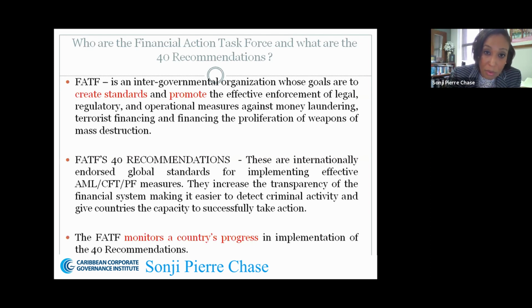I have a brief description there, it being the intergovernmental agency that sets global standards for enforcement of legislation relating to money laundering, terrorist financing, and of course the financing of the proliferation of weapons of mass destruction. You may be wondering what this has to do with non-profit organizations, which will be clarified in a bit.